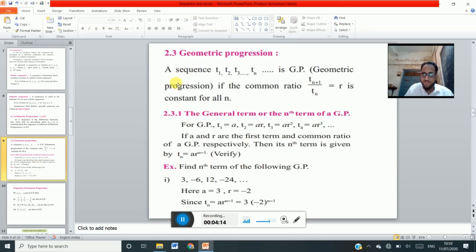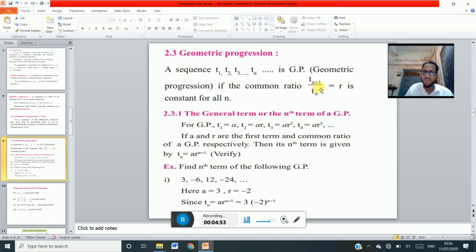Okay, so a sequence t1, t2, up to tn is a geometric progression if the common ratio, that is the ratio between a term and its preceding term, equals r, that is constant for all n, then that progression or that sequence is known as the geometric progression. Okay, now it is defined as tn plus 1 divided by tn. Actually this is nothing but the ratio between any two terms of the sequence, right?